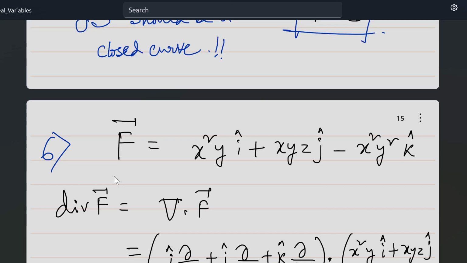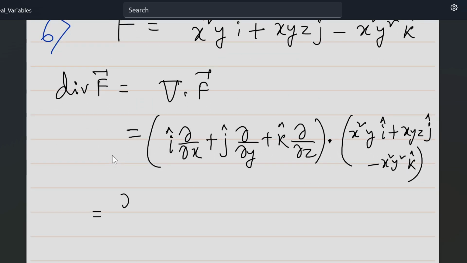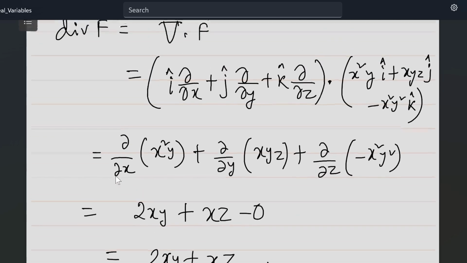Okay, so what is i dot i? i dot i is 1, i dot j is 0. So I will take del del x of x square y plus del del y of x y z plus del del z of minus x square y square. So what is this answer? Tell me. 2xy plus xz minus 0. 2xy plus xz. This is the answer, right? Correct?